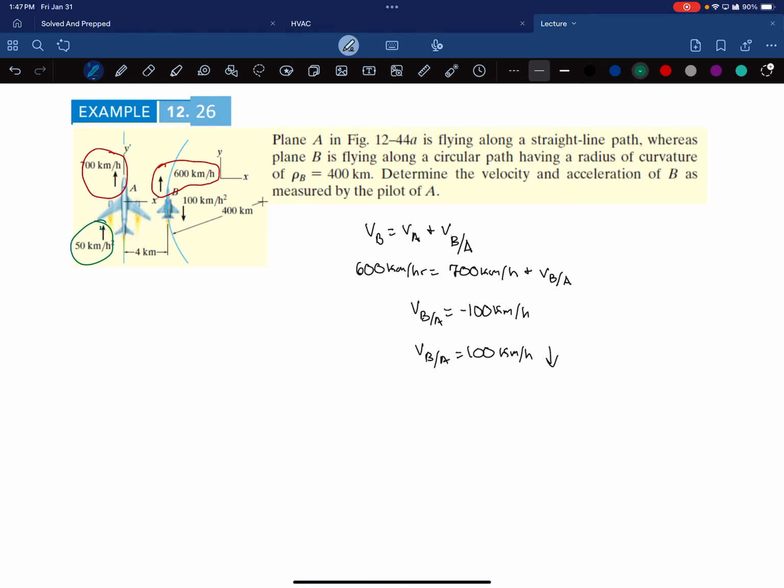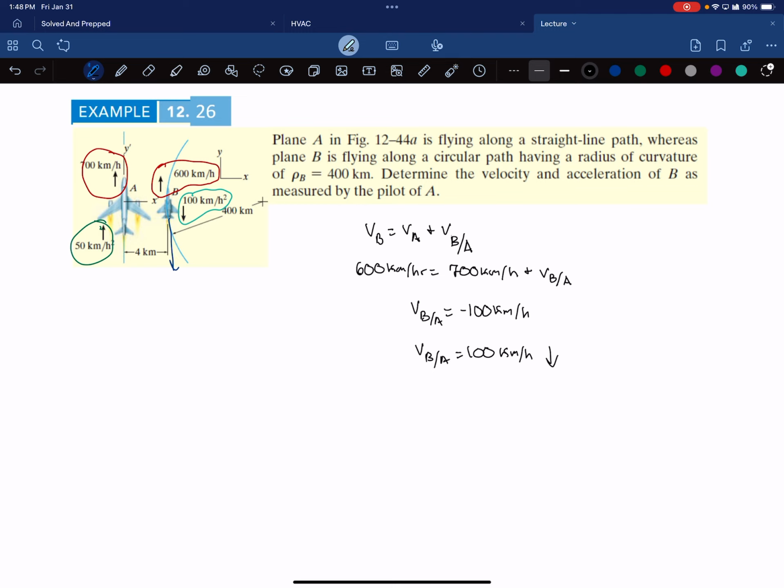So there's going to be tangential and normal components of acceleration. We're given the tangential component right there, and we need to figure out the normal component.